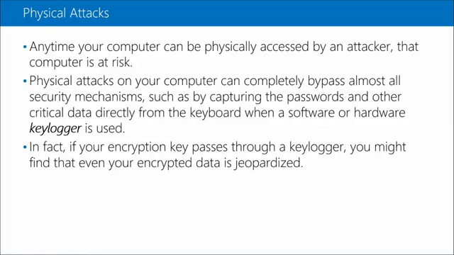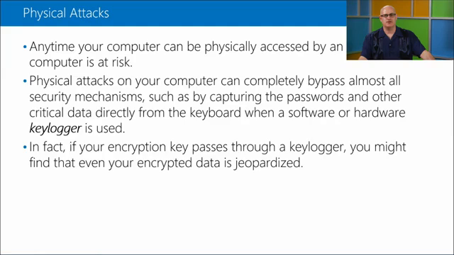So physical attacks. We're not talking about somebody ninja style jumping out and beating on your computer. Anytime your computer can be physically accessed by an attacker, that computer's at risk. They can bypass any form of network security, and now they have local access. Local access could include a keylogger, where they install a keylogger on your system.